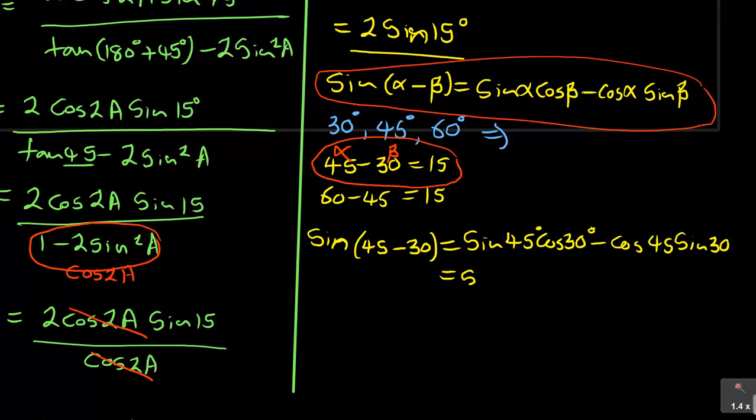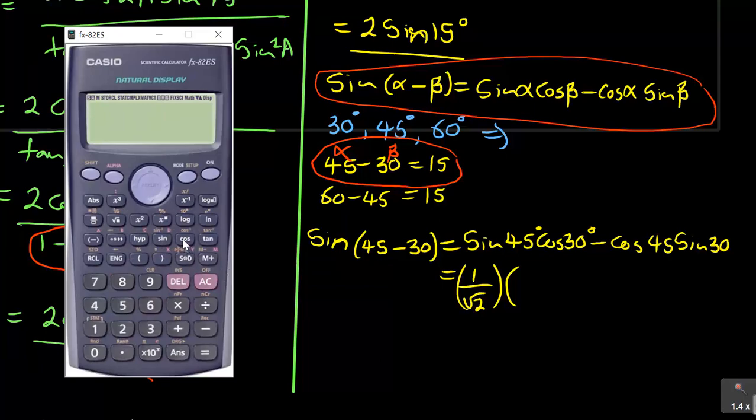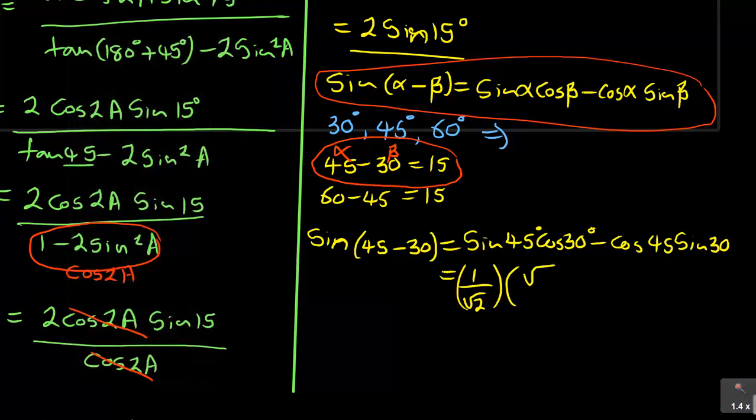So this is the same as, now, we already know that sine 45 is 1 over root 2, and then that multiplies cos 30, and cos 30 degrees is root 3 over 2.